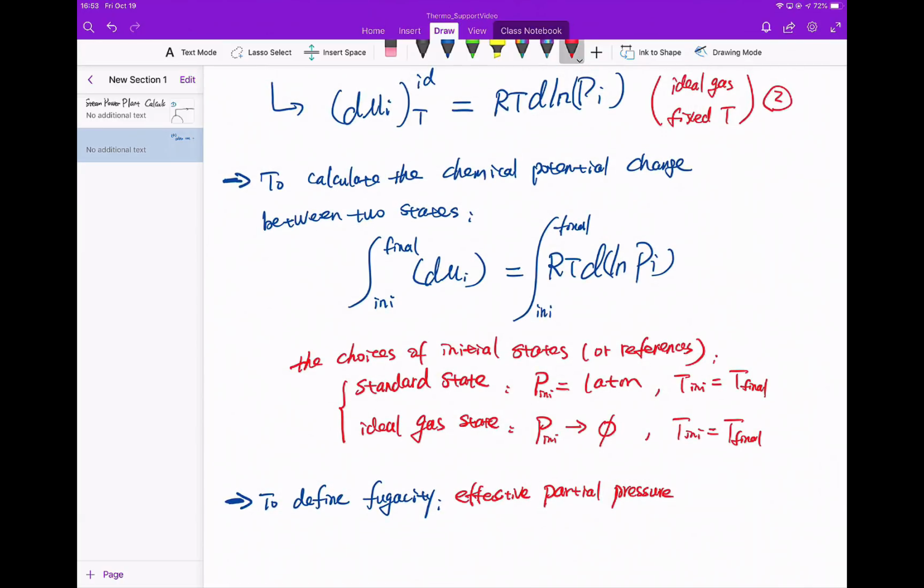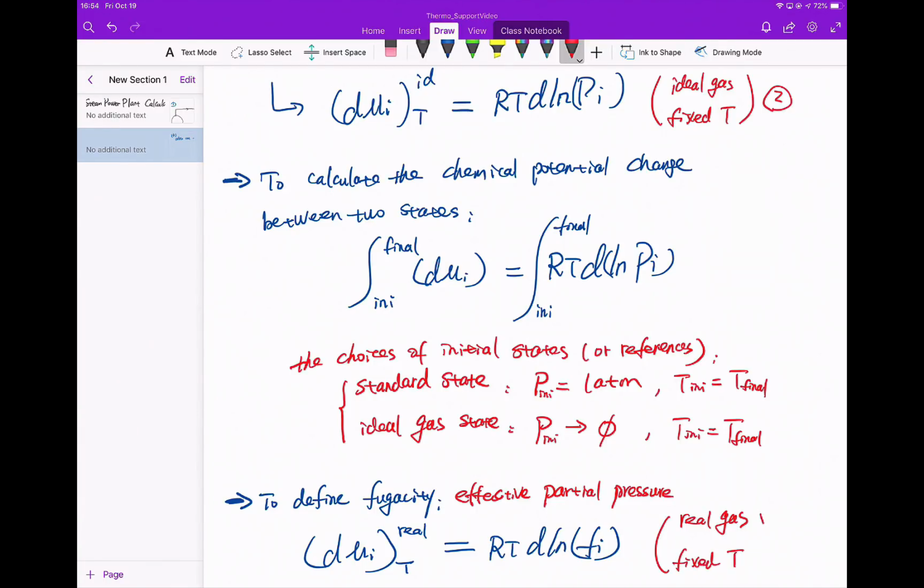So now by looking at the equation 2, we write down d mu i at that same temperature, but this is real gases, shall be RT d log fi. The condition is real gas for fixed temperature processes.